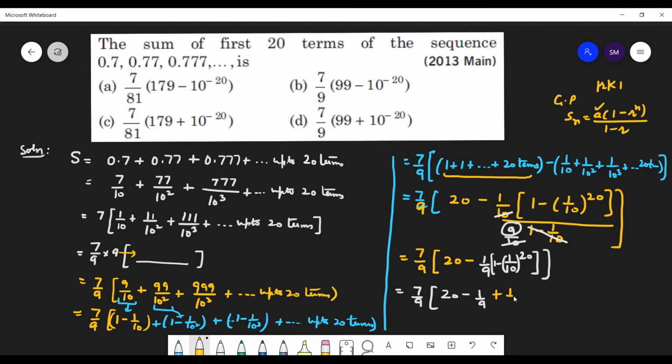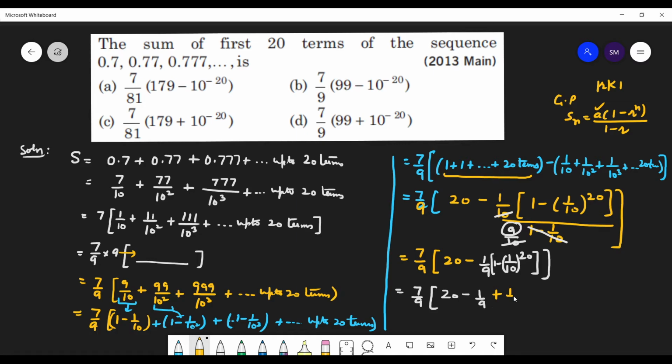So that's the question, students. Here the given thing is a, b, c, d.